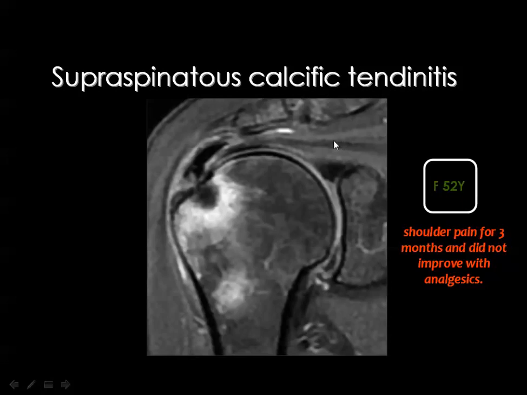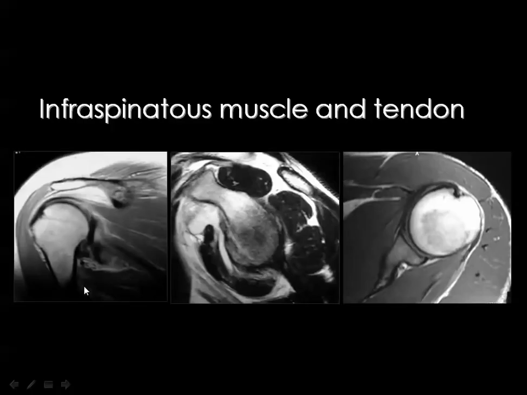This is the supraspinatus muscle, and this is the tendon, and you can see that the tendon is not of regular contour or caliber, and it shows heterogeneous low signal in the MR images, and this is an indication of calcific tendonitis. Then we finished with the supraspinatus and we came to the infraspinatus.